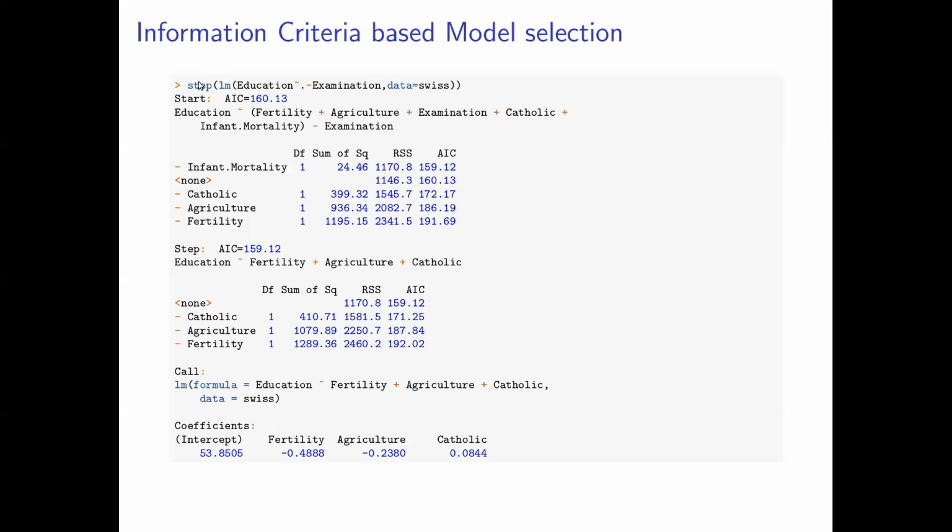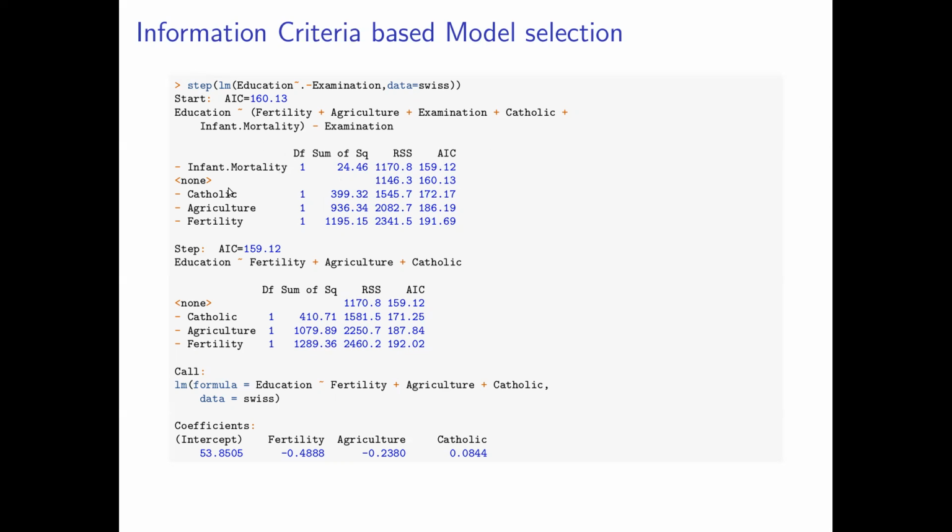In R, this is done by the step function, and this one provides us the AIC of each model and then systematically removes step by step model parameters in order to minimize this AIC.